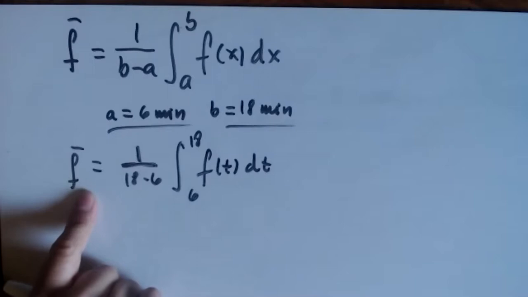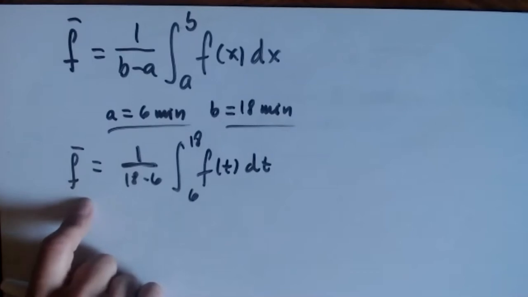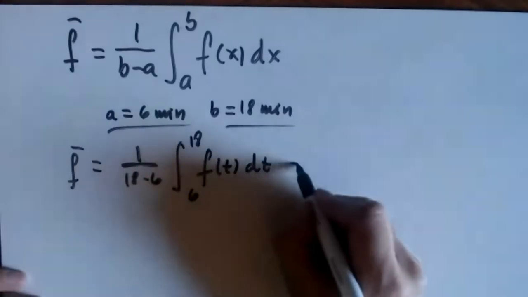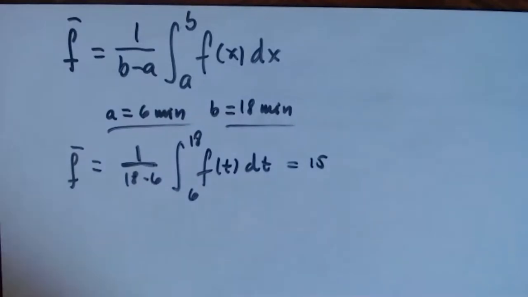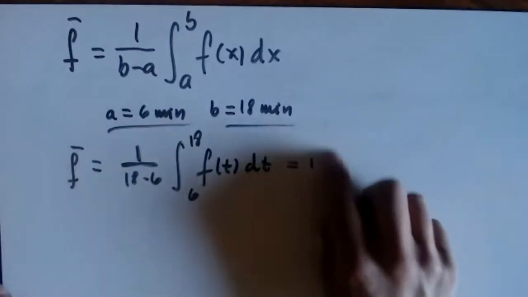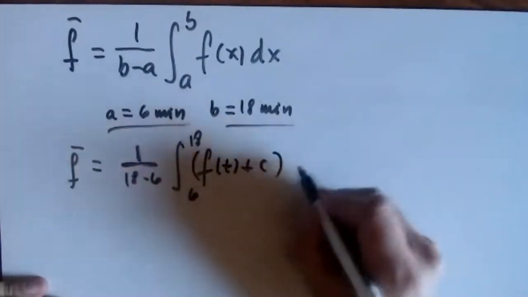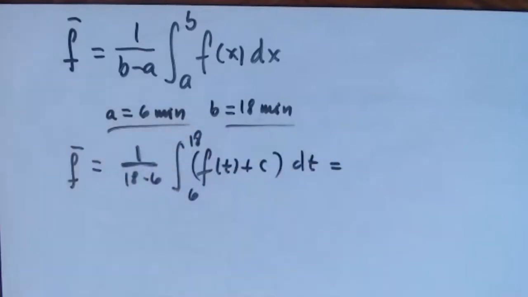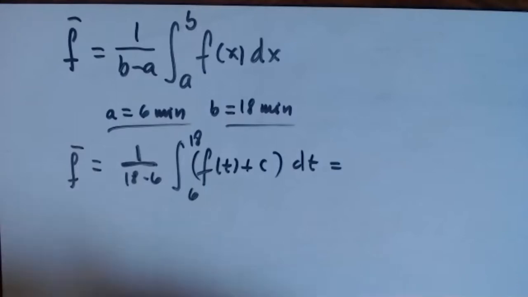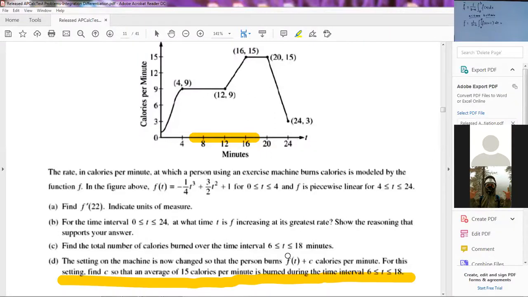Now, they want this to equal what? Well, this is 15, correct? So let me just now do the thing they want. So it's f of t plus c, dt. Why f of t plus c? Because that's the new function, correct? The new function is f of t plus c. They want this new function to have an average of 15 calories between 6 and 18.